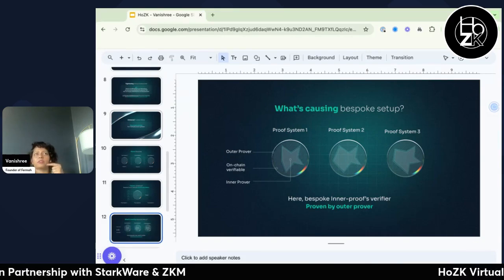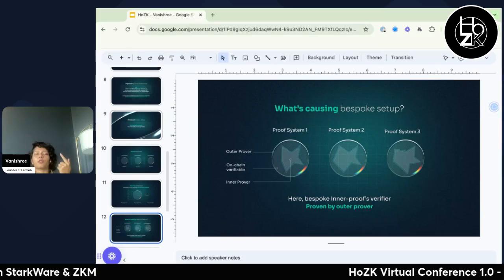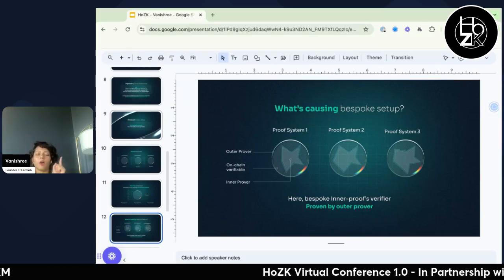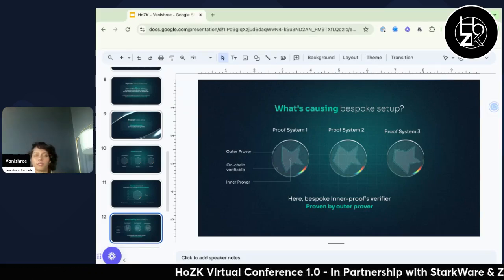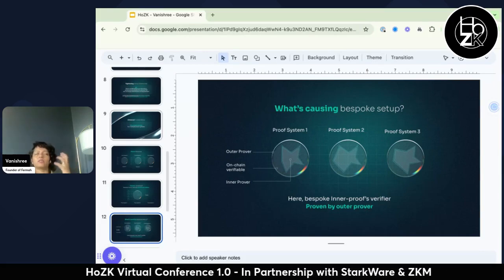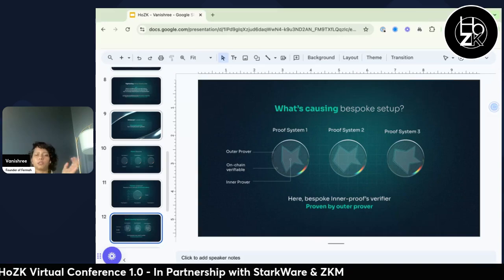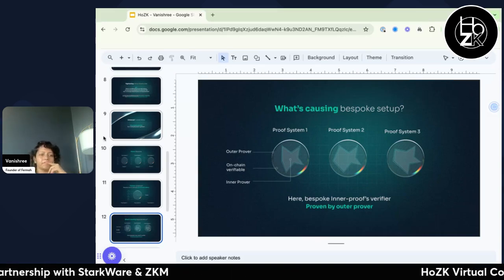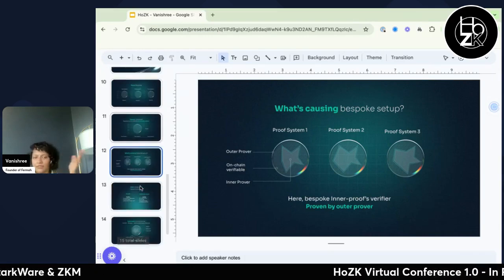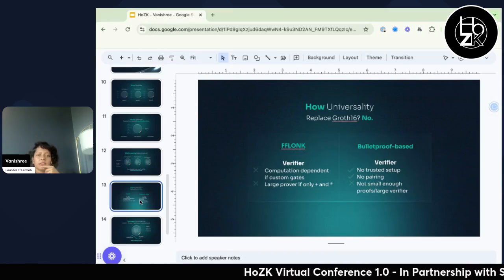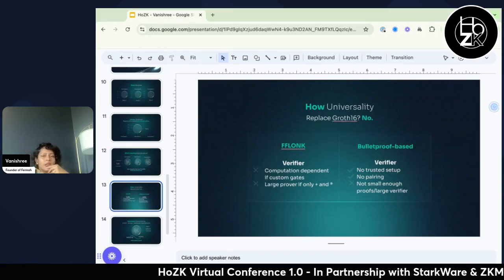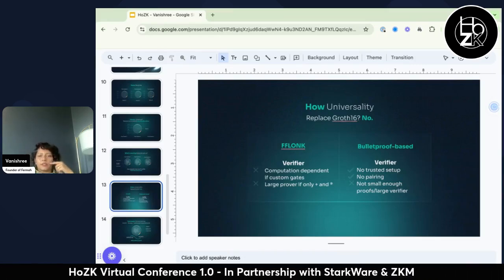And we are actually doing the trusted ceremony for the outer proof system. Given the computation differs for different proof systems, this is a forcing function for us to have a bespoke trusted setup across different proof systems. Okay, so that's the reason. That's the hindrance. What do we do? Typically, the outer layer is Groth16, right?